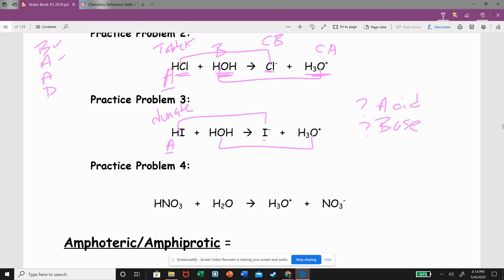So if this is the acid, that has to be the base, because there has to be an acid and a base on the reactant side. There has to be a conjugate acid and a conjugate base on the product side. So if HI is the acid, it switches identity with its partner, so conjugate base. And so now if this is the base, this is the conjugate acid, H3O, right?